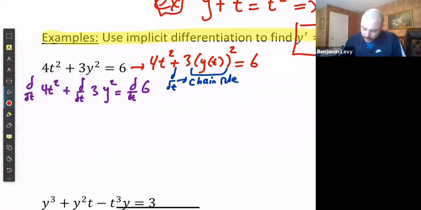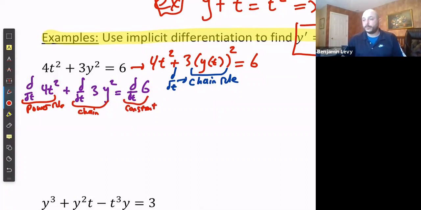And we're thinking about this as a power rule. This one's a chain rule. And this one's a constant rule. And it has to do with the fact that we're doing d over dt, right? So this is where the notation comes in and is important.